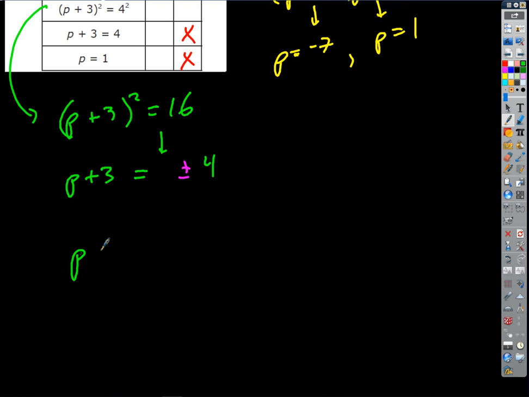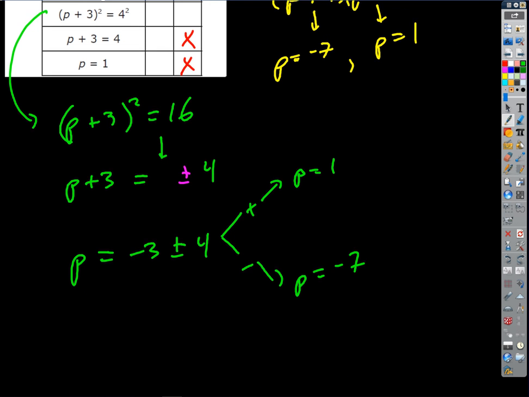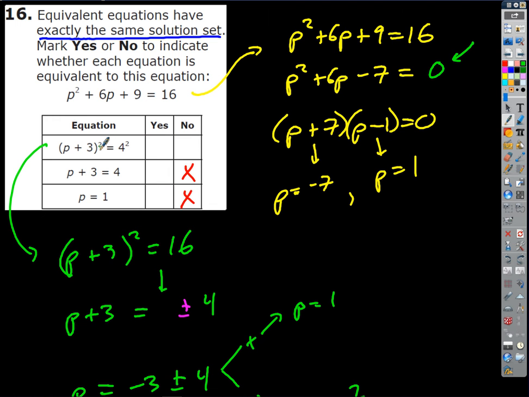So we end up with p equals -3 plus or minus 4. So if we take the plus, what's -3 plus 4? 1. Okay? What if we take the minus, -3 minus 4? What do you know? We get the same answers, right? But we could have even avoided that work by just knowing that we expect this one to have 2 answers. So we could have even just said, well, let's just try these and see if they work.